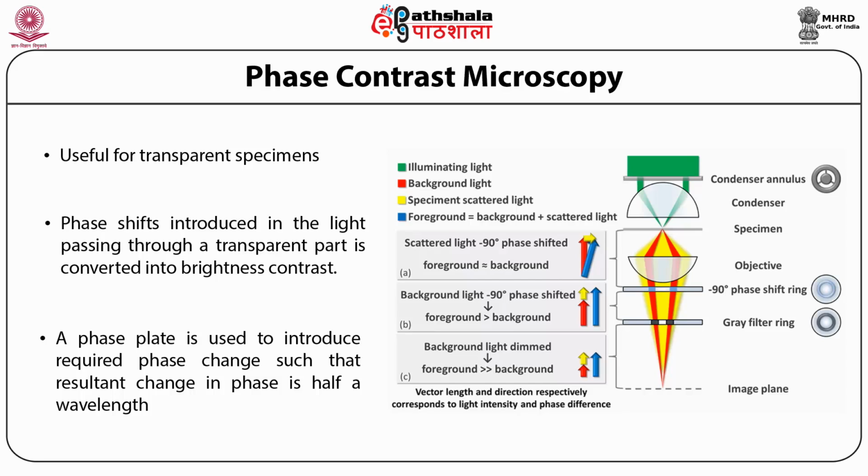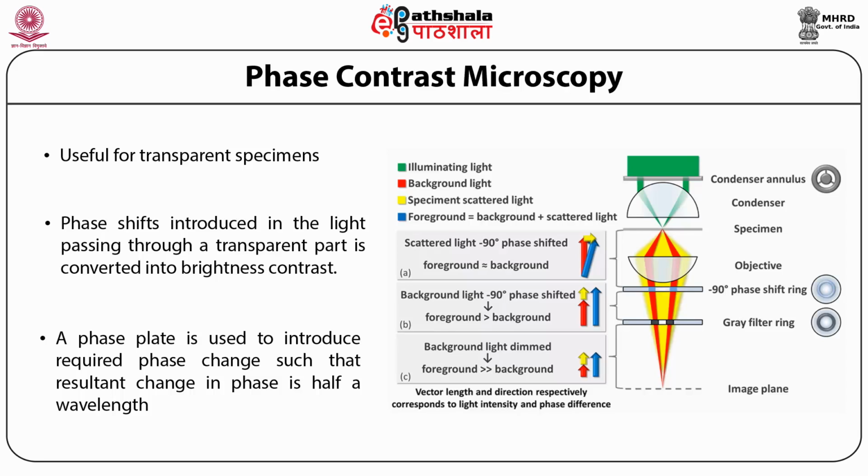So the principle, the mechanism behind any phase contrast microscope is presented through this cartoon here. You have a condenser annulus just in front of the light source, then you have a condenser which focuses the light onto the specimen, then you have the objective, and then you have a phase plate which introduces either plus 90 or minus 90 degree phase shift.